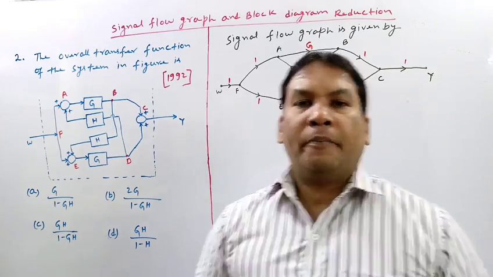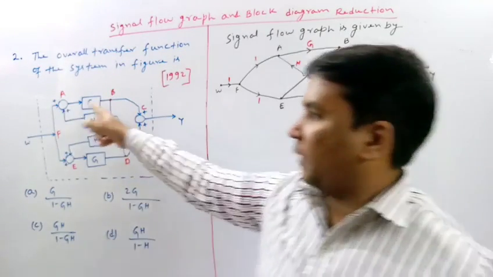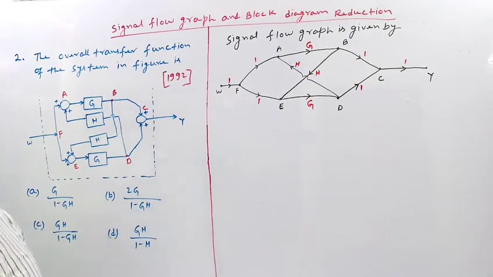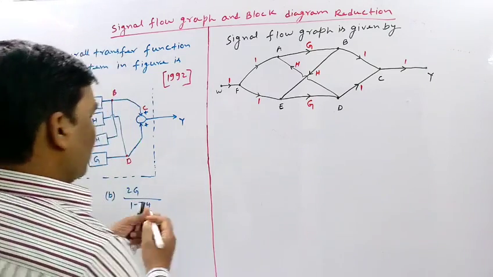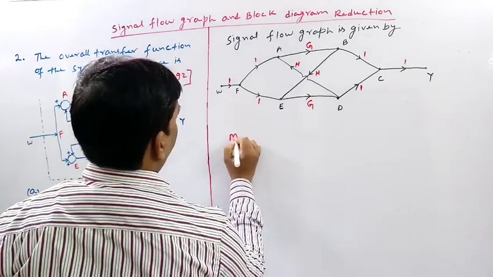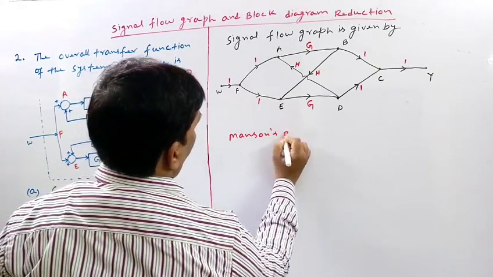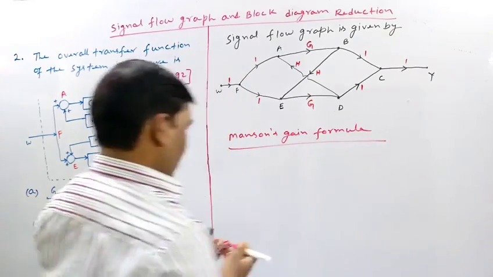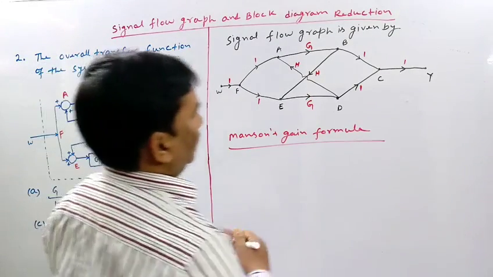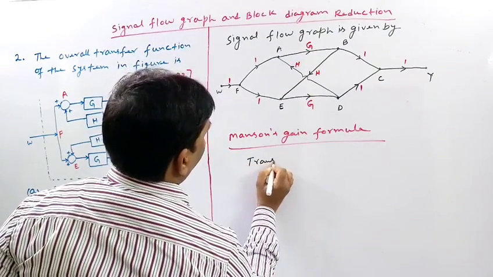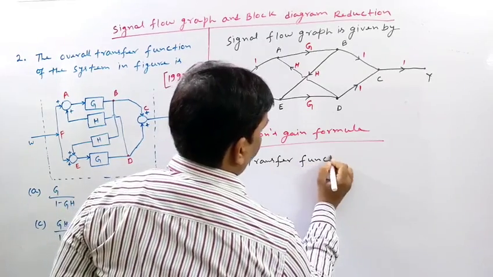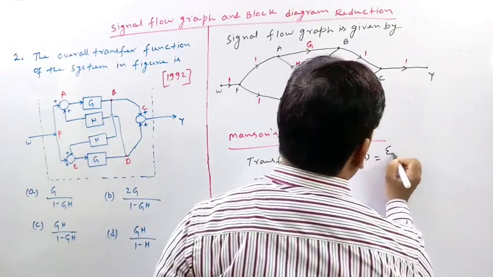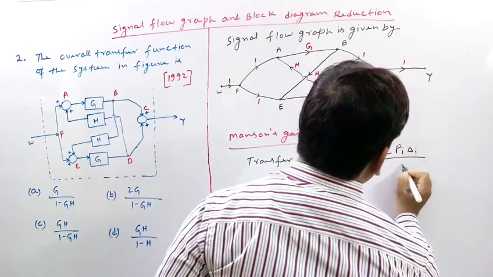Here the input is W and the output is Y. So the transfer function Ts is given by sigma Pi delta i divided by delta.